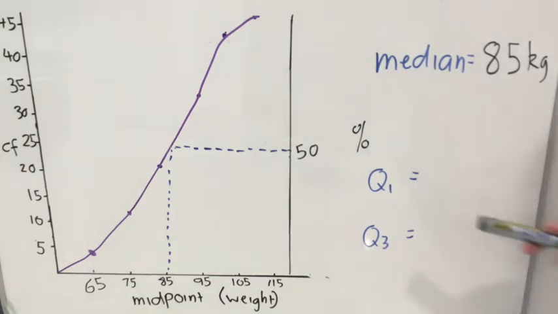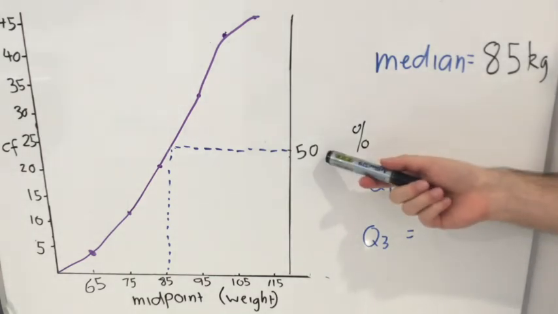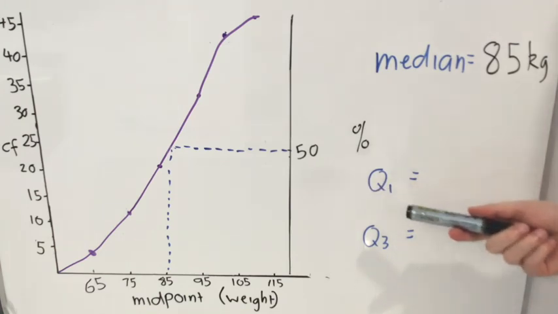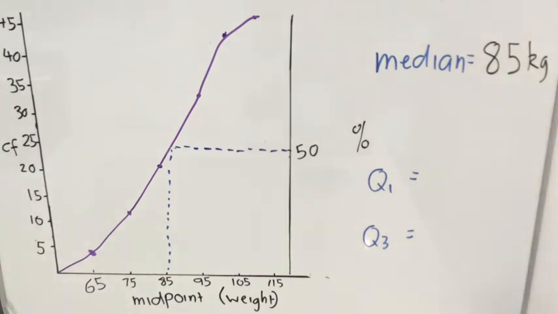Last thing, I want you to find Q1 and Q3 doing exactly the same thing here. But when you think of Q1, and you can look back in your notes because you do have this written down, what percentage do you think of for Q1? What do your notes say about Q1? Have a flick back, press pause if you want to find out before we do it.